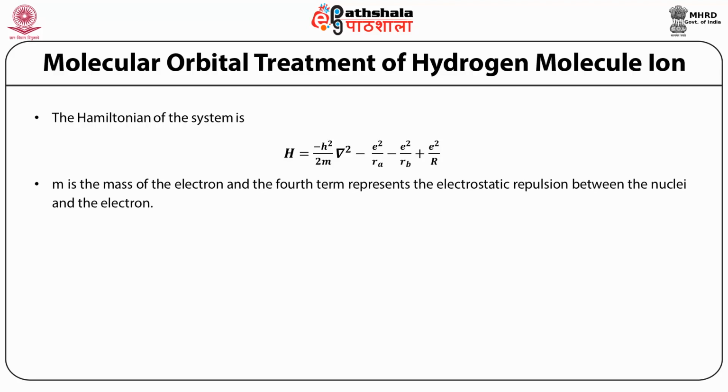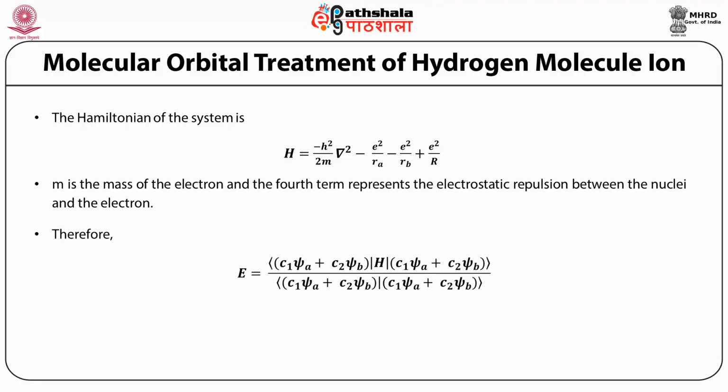Now, m is the mass of the electron, and the fourth term represents the electrostatic repulsion between the nuclei. So, E equals the integral of (C1 psi A plus C2 psi B) H (C1 psi A plus C2 psi B) upon the integral of (C1 psi A plus C2 psi B)(C1 psi A plus C2 psi B).